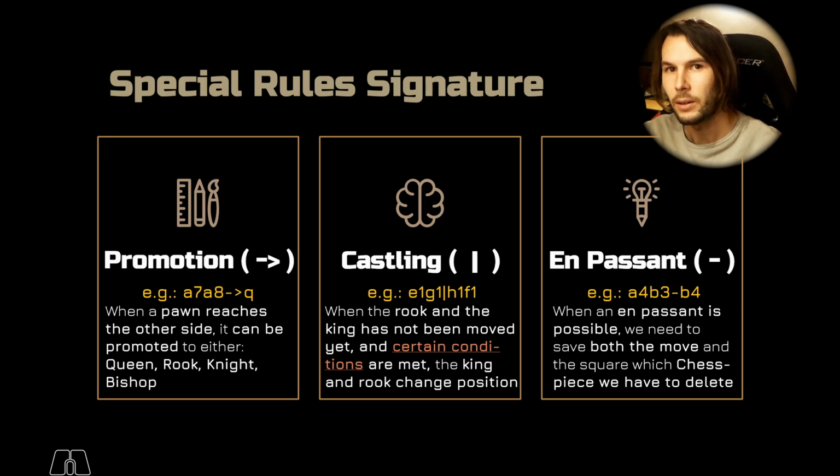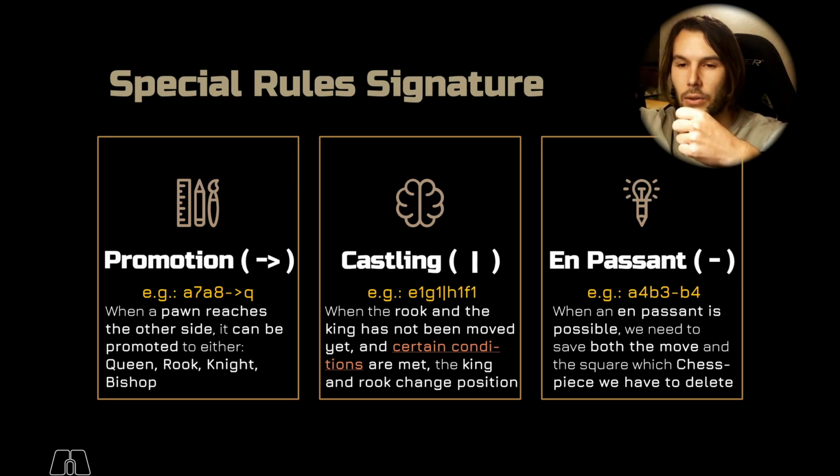En passant is then shown by a minus and would also not be distinguishable at all, so you would only see a4b3 in this case, and I decided to put a minus between them because we get rid of a piece, and that will be even trickier in a 3D environment because we detect the collisions based on the movement. So we wouldn't touch this piece.